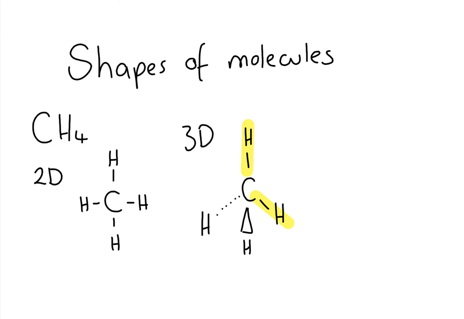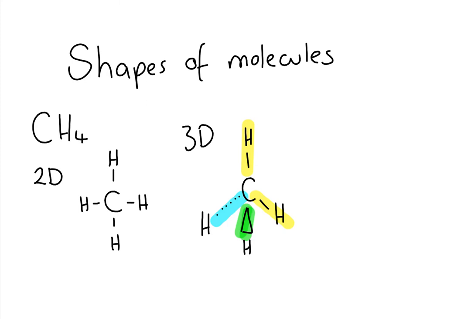Now this little wedge here is also a covalent bond, but it's representing a bond that is coming out of the page towards you. So you have to imagine that that bond is coming outwards towards you. And then finally, we have this little dashed line, this little dotted line. Again, this is still a covalent bond, but this is representing a bond that is going backwards into the paper.